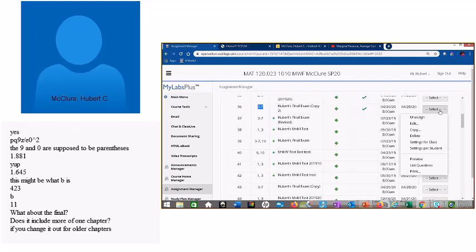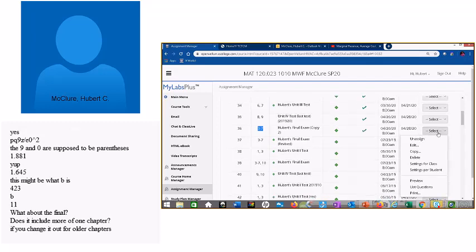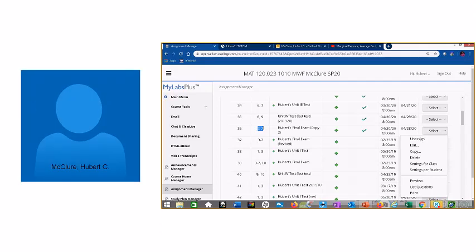If you change it out for older chapters, I don't think I did. I don't understand the question. Let me just look. Preview. It covers 3, 4, 5, 6, and 7. It does not include 8 and 9. She's typing something, Mr. Brooks.